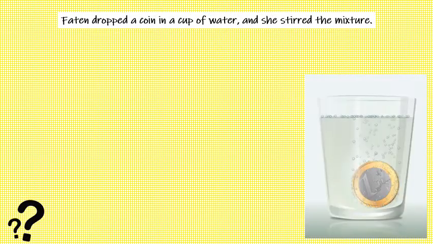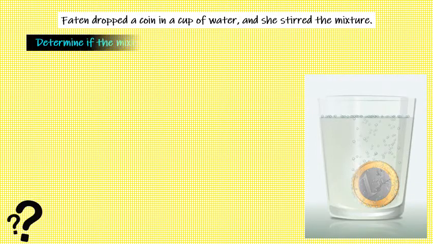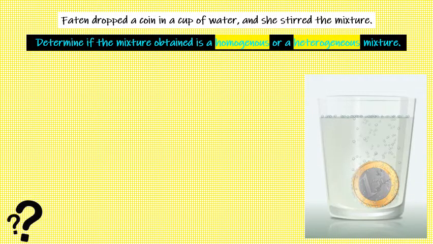I dropped a coin in a cup of water and I tried to make it disappear. Okay? Look what I got. I got a cup of water with a coin in it. What do you think? Is this mixture a homogeneous or a heterogeneous mixture? How can we know? We have to count the phases or the colors.